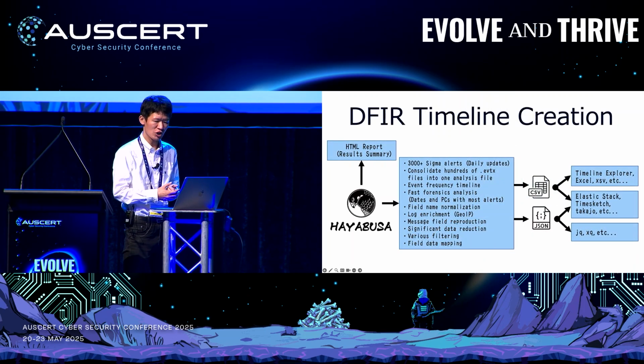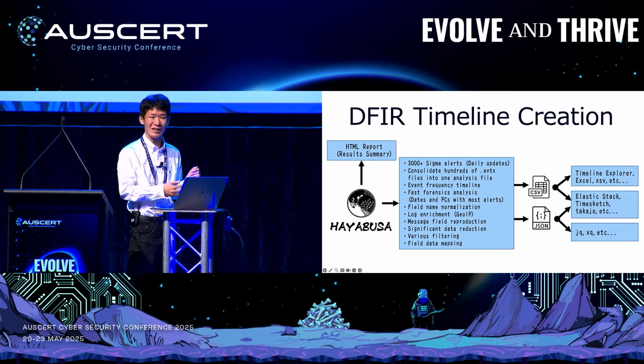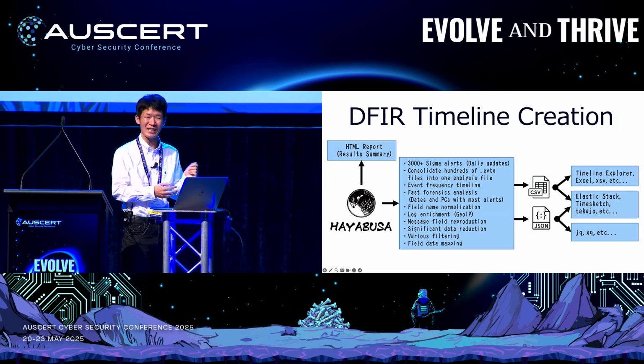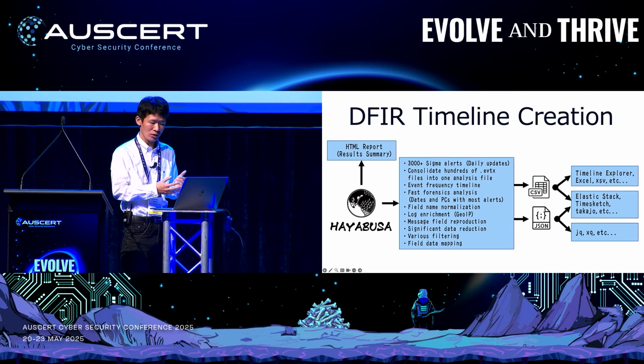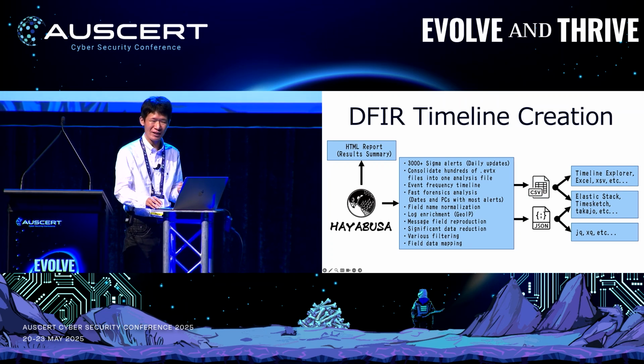This diagram shows an overview of Hayabusa's DFIR timeline generation feature. It takes EVTX files as input and outputs results in CSV, JSON, or HTML format, which are easy to process programmatically. During the output process, Hayabusa also performs various enrichment steps that are useful for DFIR analysis.